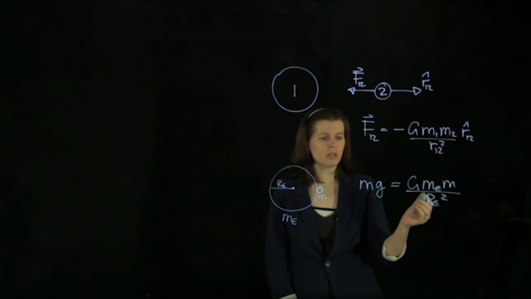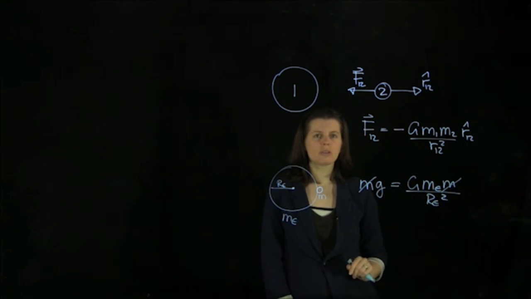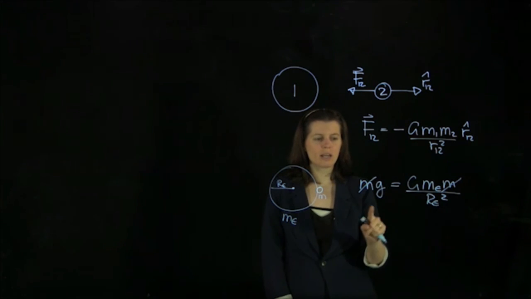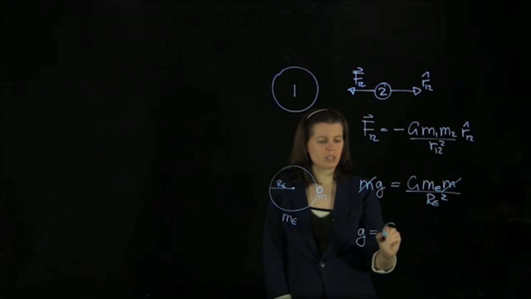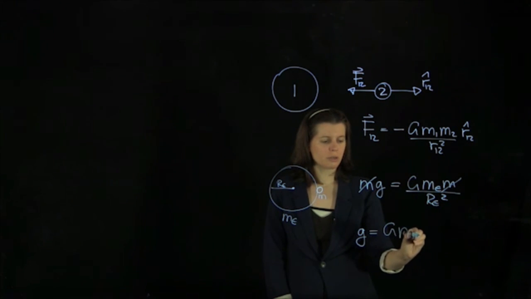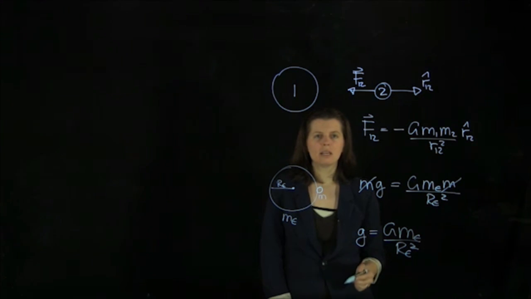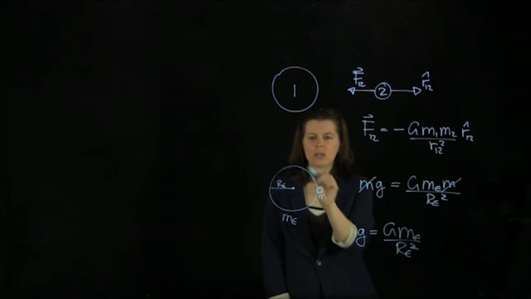And from that, we already see that we can cancel out the small m of the moon rock, and we get to g here. So we can calculate the gravitational acceleration, which is capital G Earth mass over Earth radius squared. So if we have this kind of information, we can determine the gravitational acceleration, and of course it will change depending on which object we are considering.